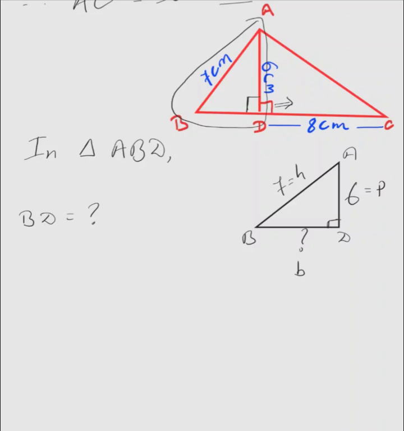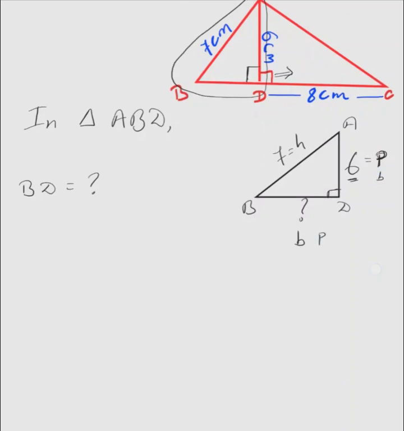Now there is no angle given, so we can keep this one as either b or p, anything is fine. But I have kept it as p. You can keep it as b and this one as p, that is also okay. So here, h square is equal to p square plus b square.